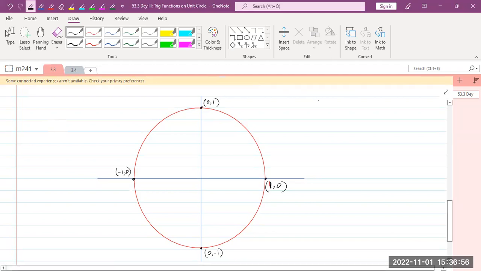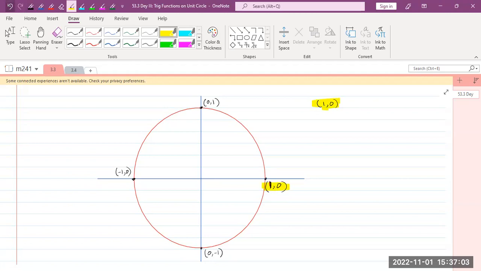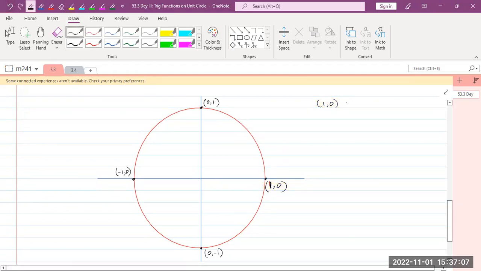For example, this 1, 0 here is the point associated to the terminal side of theta equals 0 degrees or 0 radian.